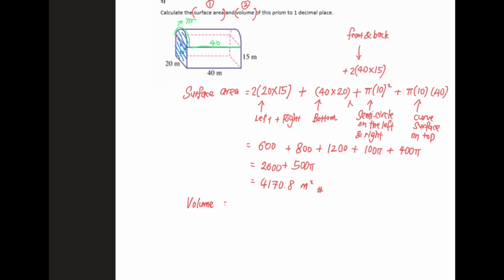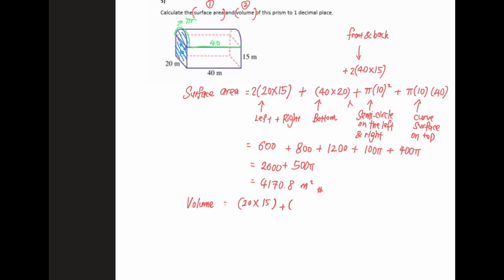That cross-sectional area is the one in blue. It is made of a rectangle, 20 times 15, plus the semicircle on top.